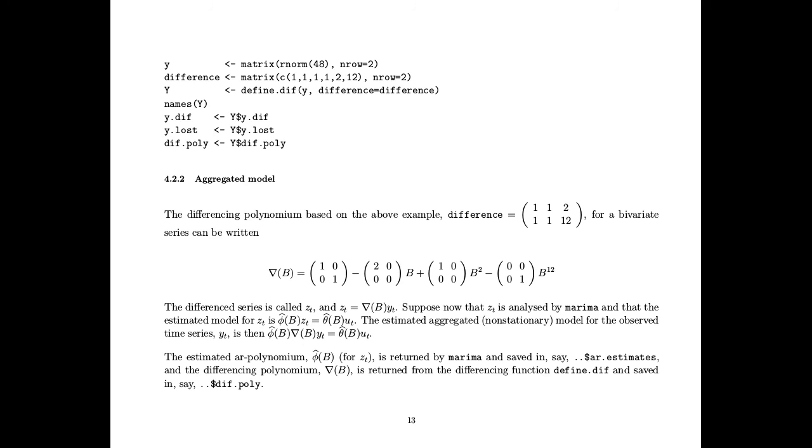Okay, so this is, you can say, the combined polynomial that you get out. And if you transform the data with this, then you get a different series. There is a defined diff function, which is the code written up there, where what you get out is the differenced y.